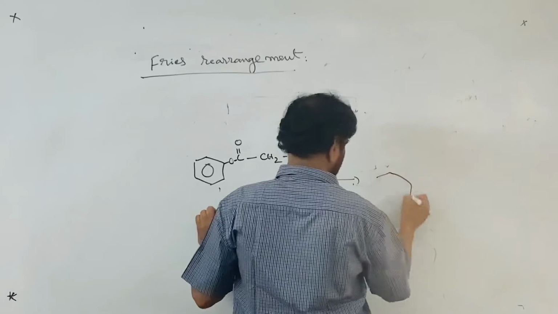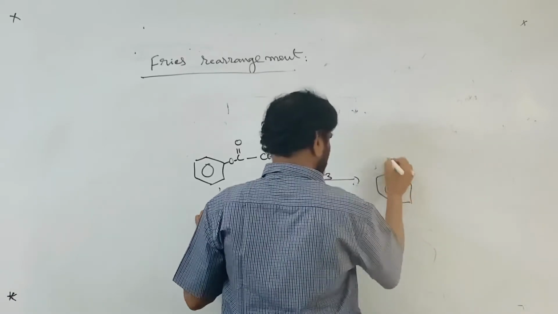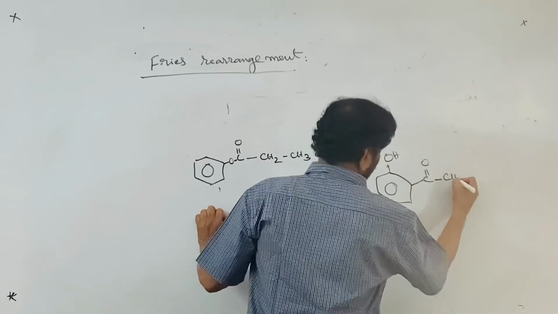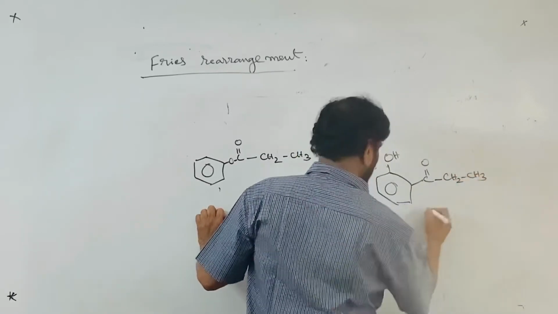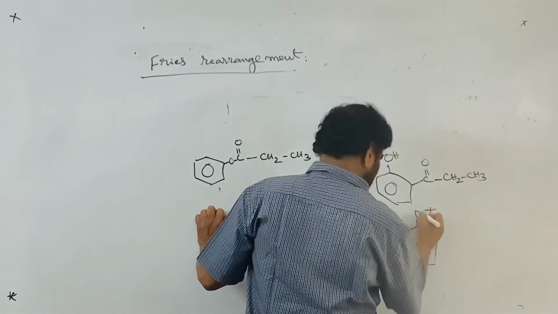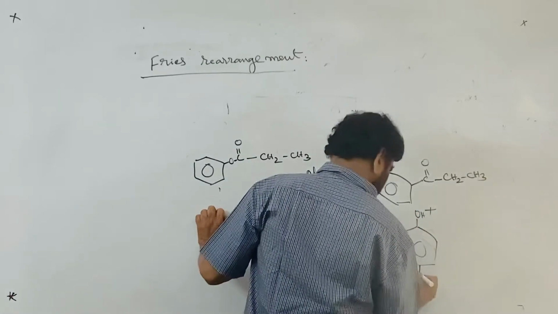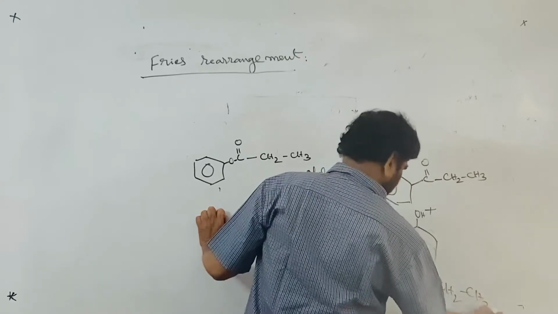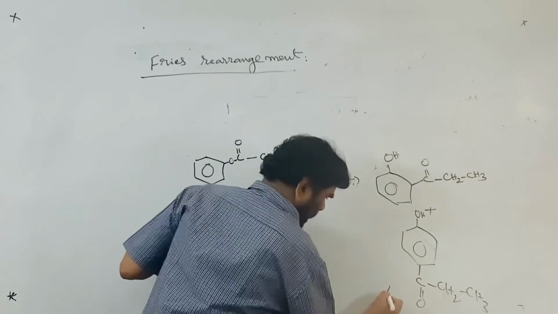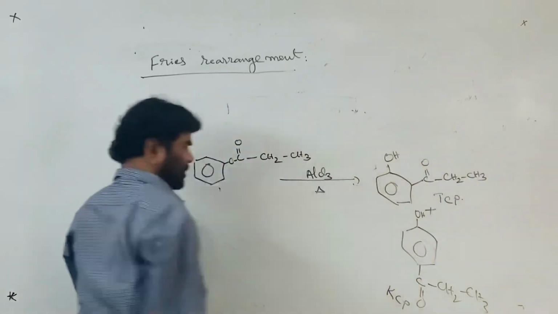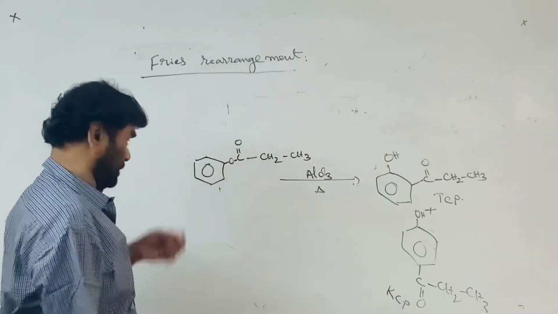Same story: the ortho product, OH, C double bond O, CH2, CH3, plus the para product. High temperature conditions give this as the major product, low temperature conditions give this as the major product, since the activation energy is less. Kinetically controlled product, thermodynamically controlled product. So this is the case.